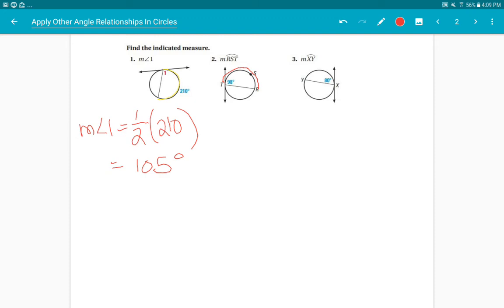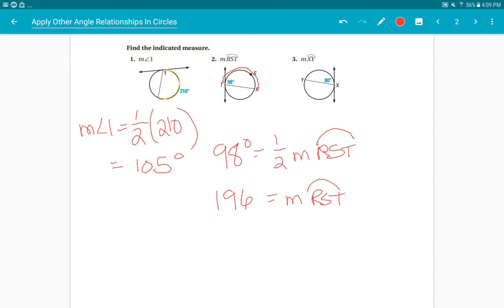So I know that 98 degrees is equal to 1/2 times the measurement of arc RST. Now if we solve for the measurement of RST, 2 times 98 is going to be 196, and that's going to be equal to the measurement of arc RST. Okay, so that's your second example.